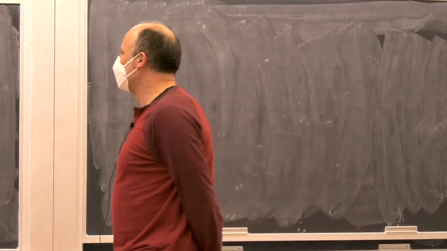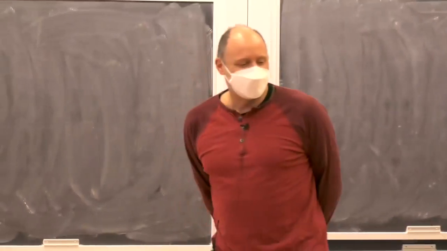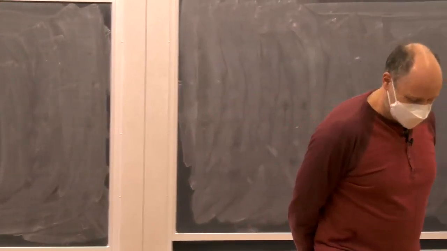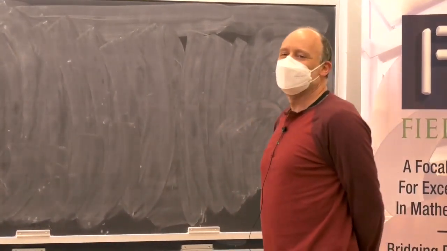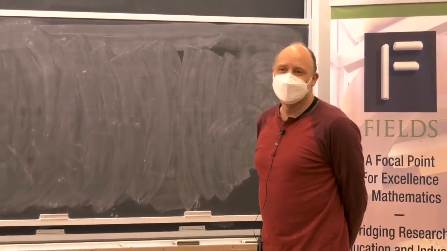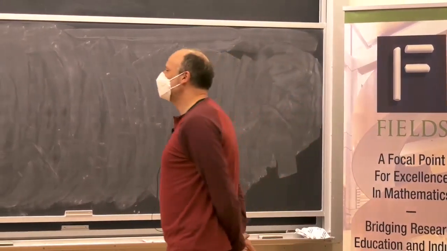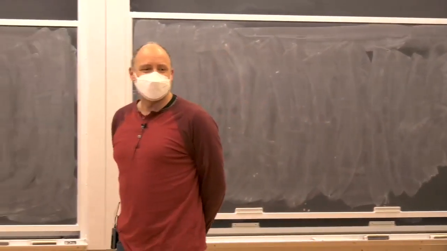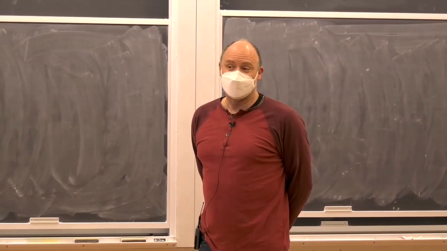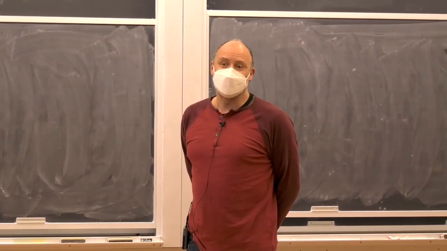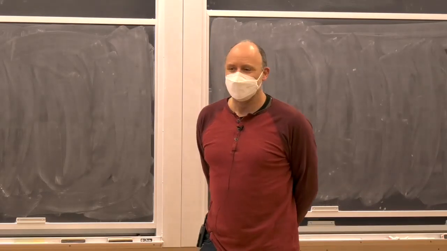But then I started thinking again, do I even know one example of a leaf of a C1 vector field in the plane that is not embedded? And I don't. And in fact, I then convinced myself, and I leave for now as an exercise, that every leaf of a C1 vector field in the plane is an embedded manifold.